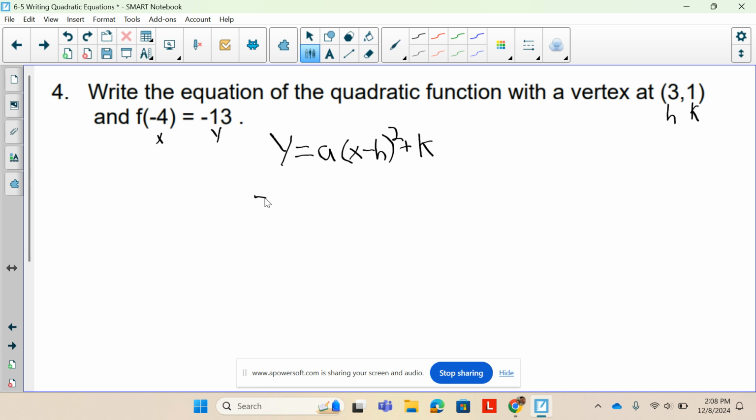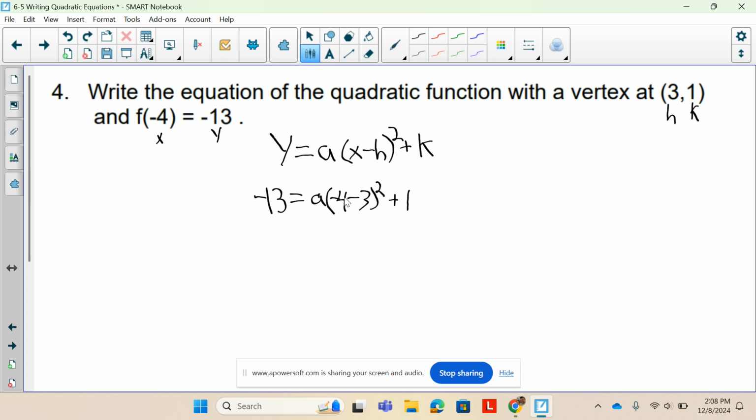So we'll say -13 equals a times -4 minus 3, which is our h value. That'll be squared plus 1.